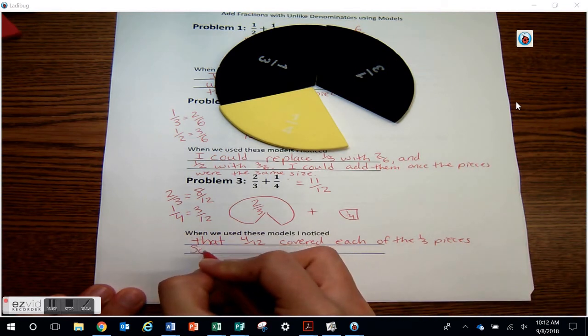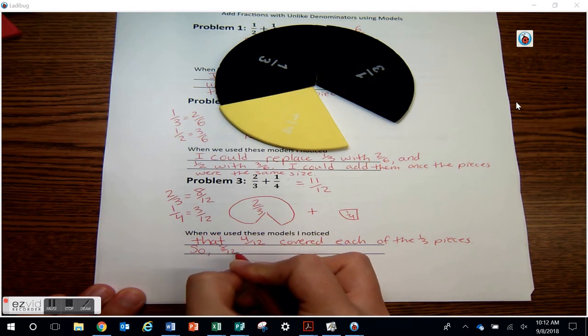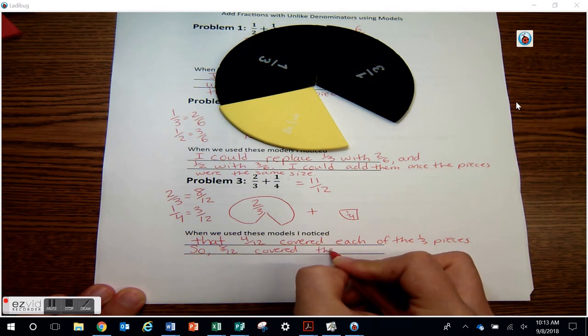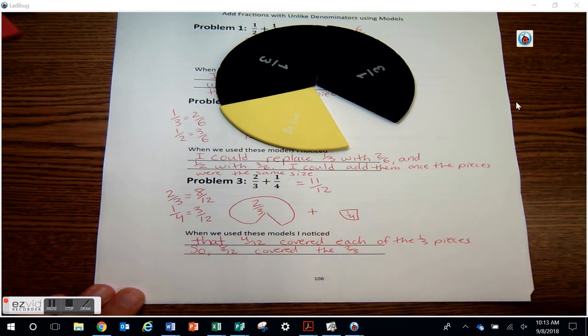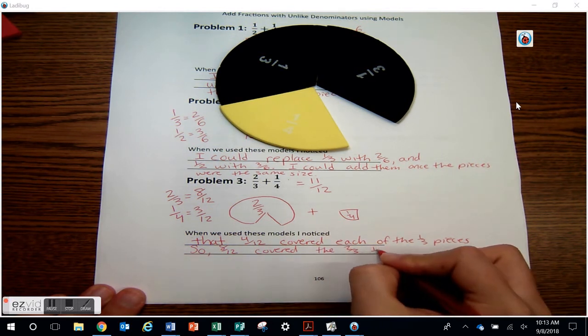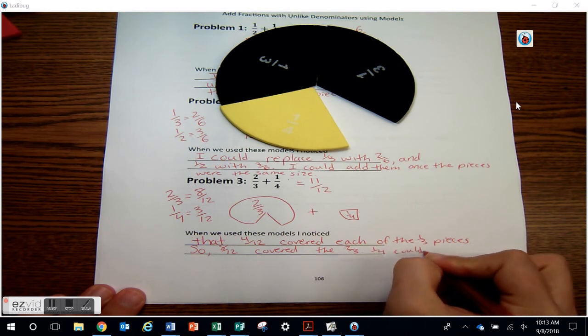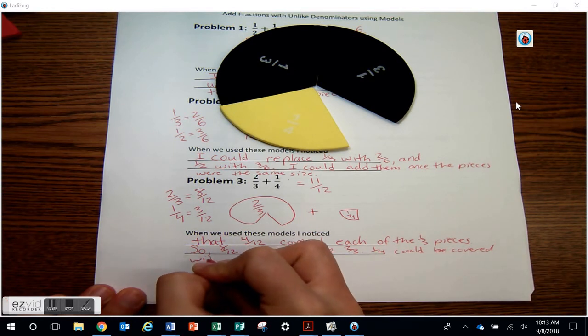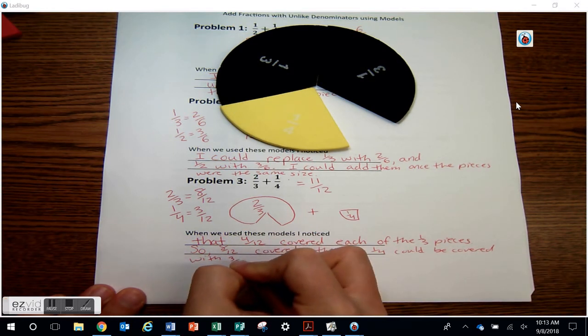So 8/12 covered the 2/3. 1/4 could be covered with 3/12.